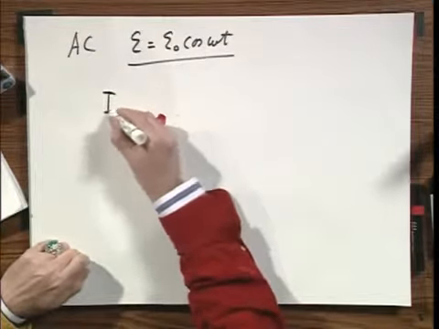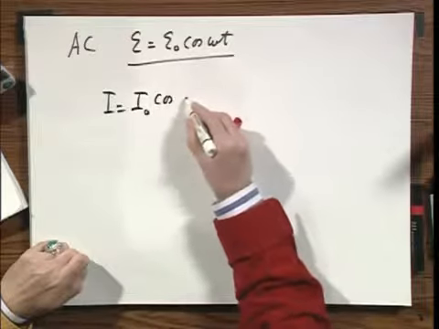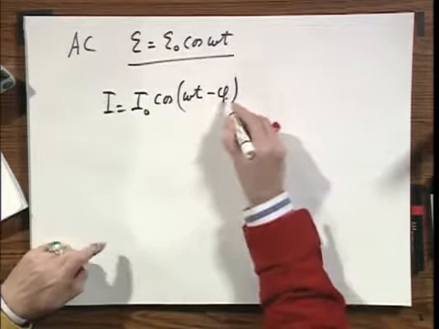So the current that will start to flow equals I0 times cosine of omega t minus phi. We'll get back to this phi.